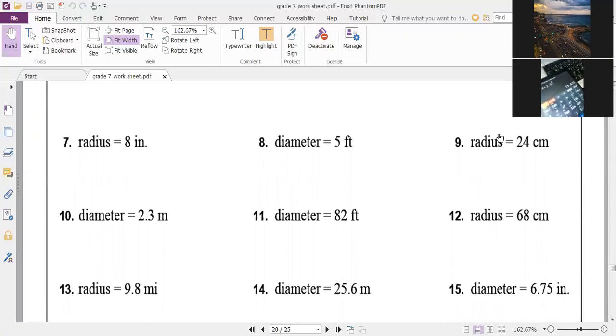Look, I will use the area is equal to pi r squared. 3.14 times r, which is 24, squared. So I will multiply that together.